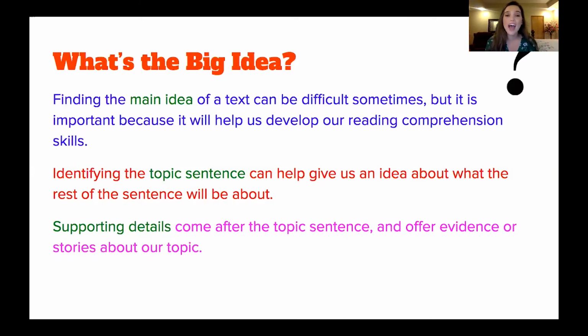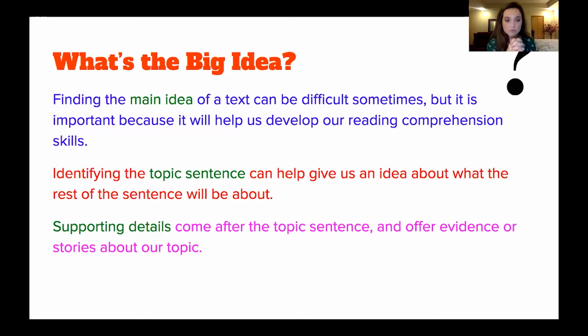And not only will that help you in school, but it will also help you even outside of school. If you're reading directions or instructions, or there are so many different things you'll read outside of school that this can really help you with, being able to identify that main idea.